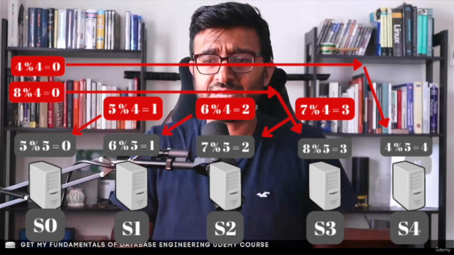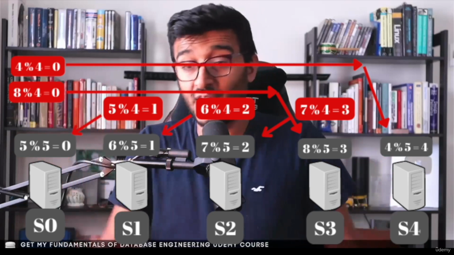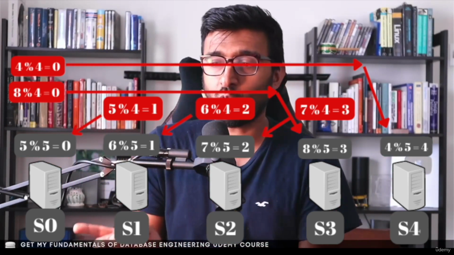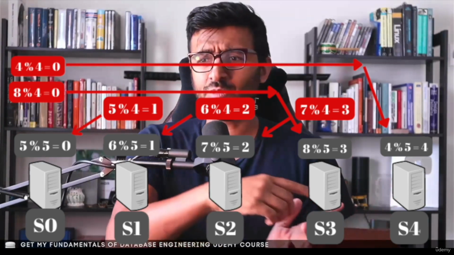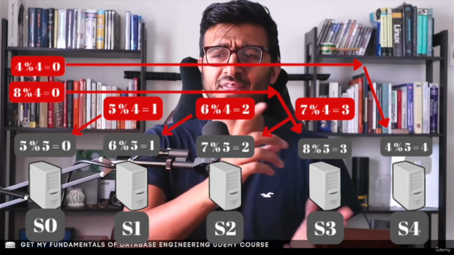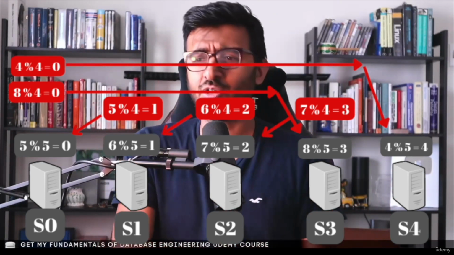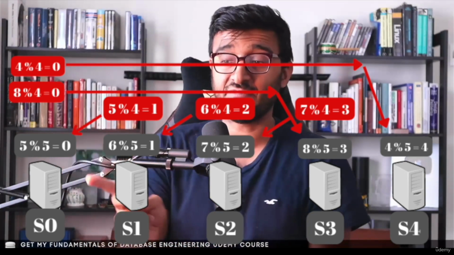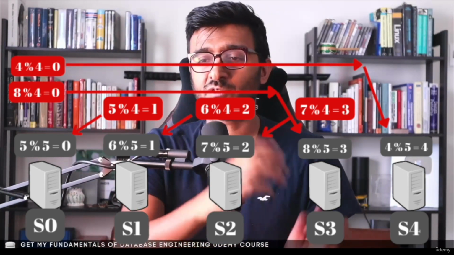And this is basically the same thing. The key 4 will move to server 4, the key 8 will move to server 3, the key 5 will move to server 0, the key 6 will move to server 1, and the key 7 will move to S1.